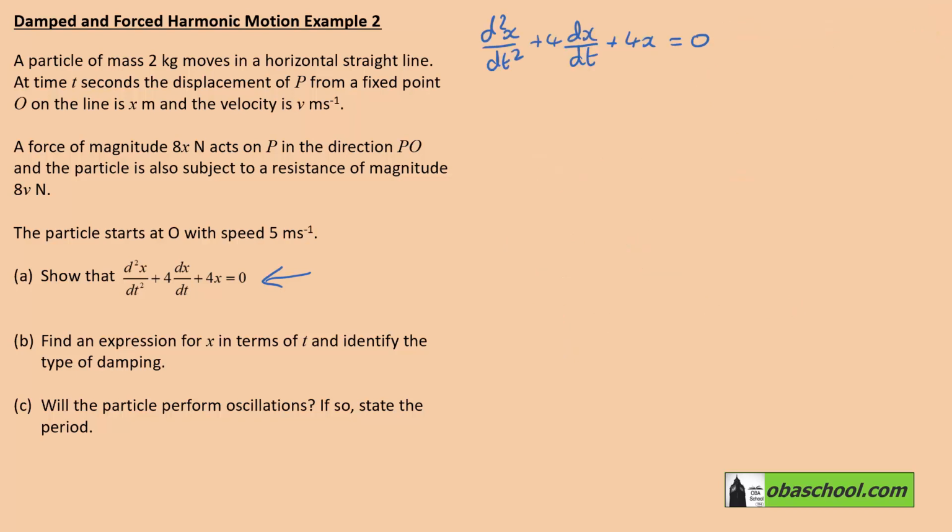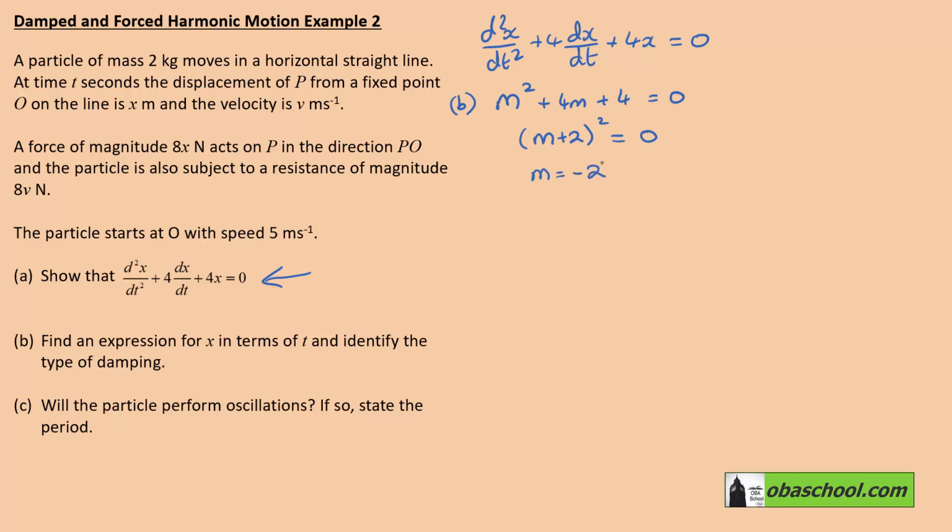Find an expression for x in terms of t and identify the type of damping. So in other words, we want to solve this differential equation. So the auxiliary equation is m squared plus 4m plus 4 is equal to 0, which gives us that (m plus 2) all squared is 0.